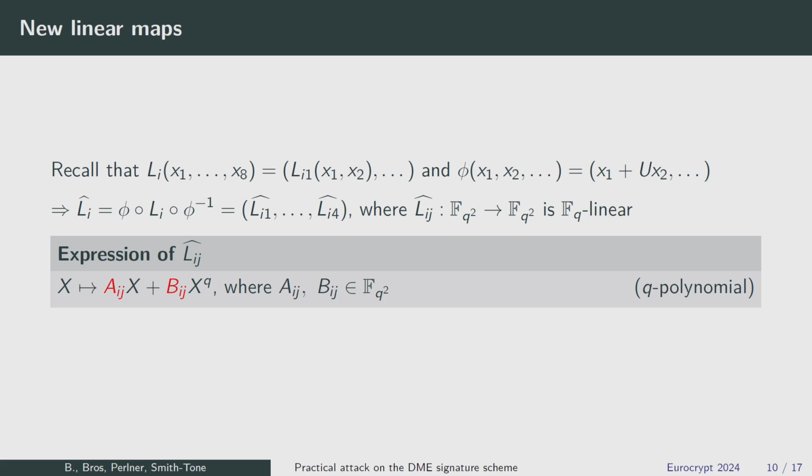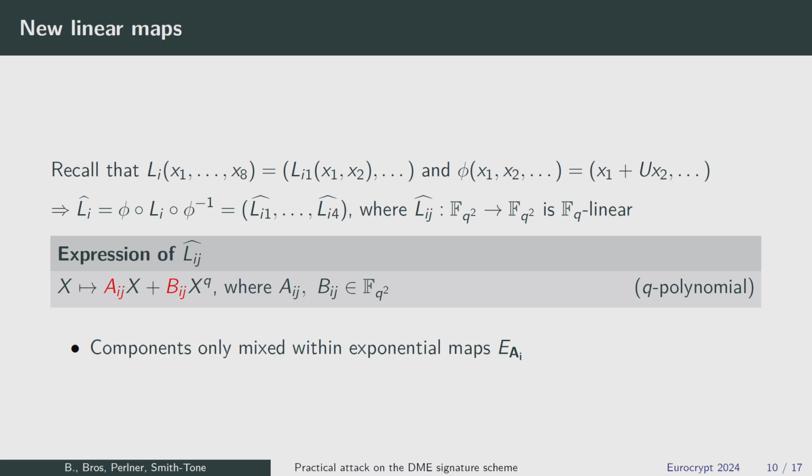If I combine this, I can see that my new linear map will only act component-wise. So for each component j, I have a linear map Lij hat, which will act over FQ squared. In other words, I have secret polynomials here which contain only 2 terms to represent that map. So why 2 terms only? This is because I was working in this quotient ring.